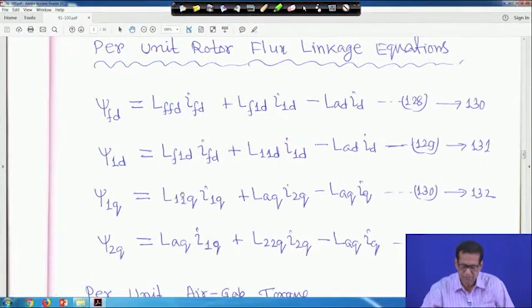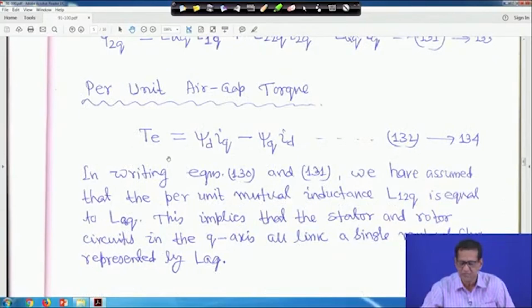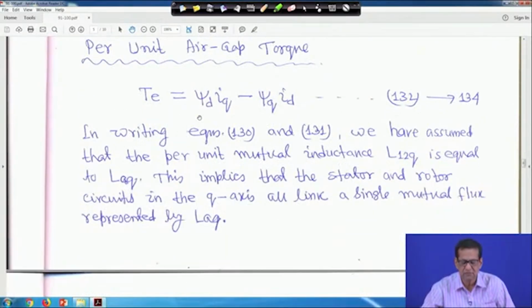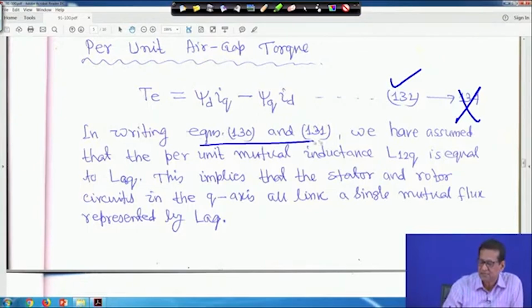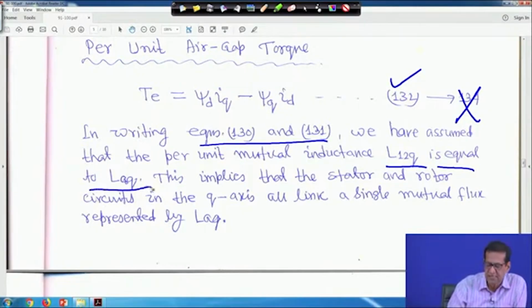Then per unit air gap torque, this we know that T is equal to psi d IQ minus psi q ID. So, this equation number you should not see, this is equation 132, right. In writing equations 130 and 131, these two, we have assumed that the per unit mutual inductance, that is L12Q, is equal to LAQ, right.